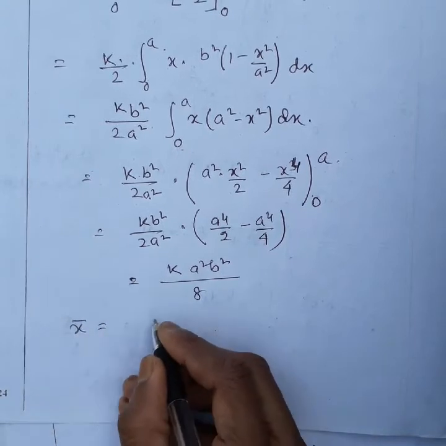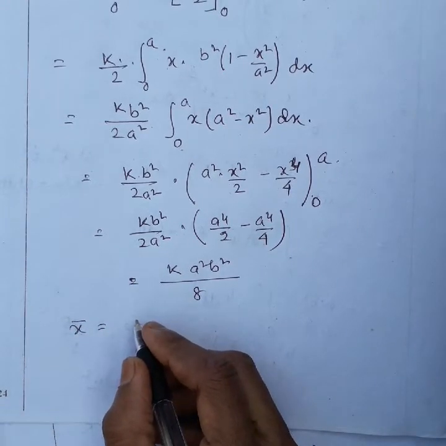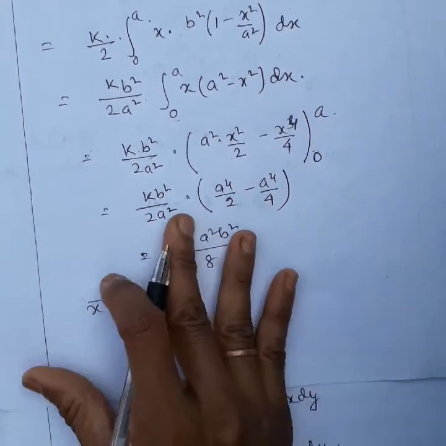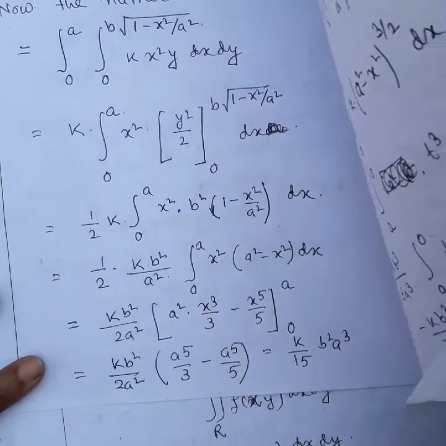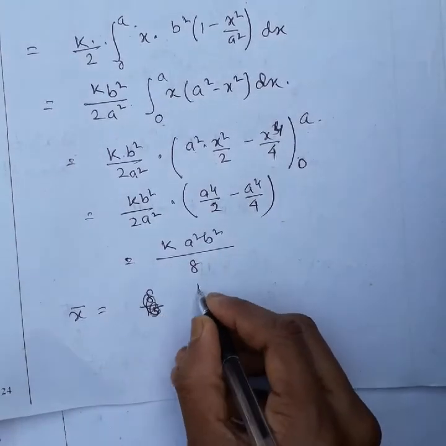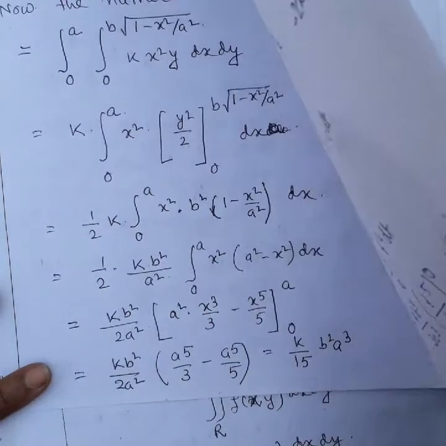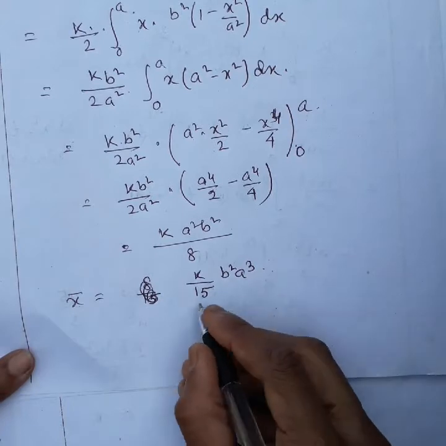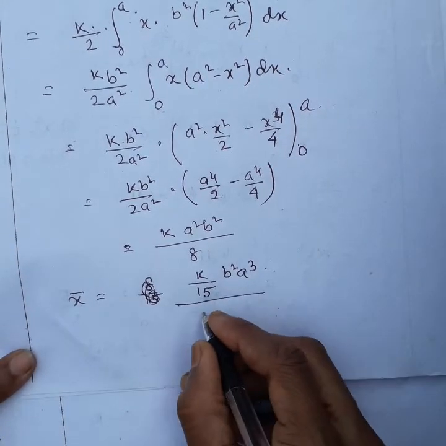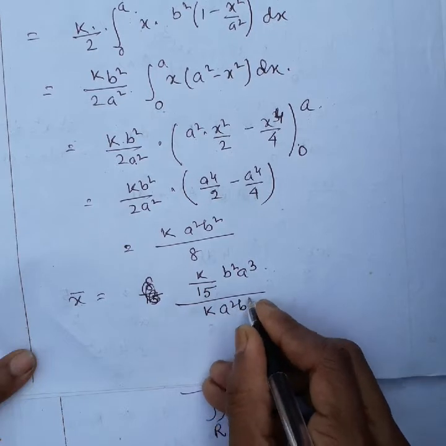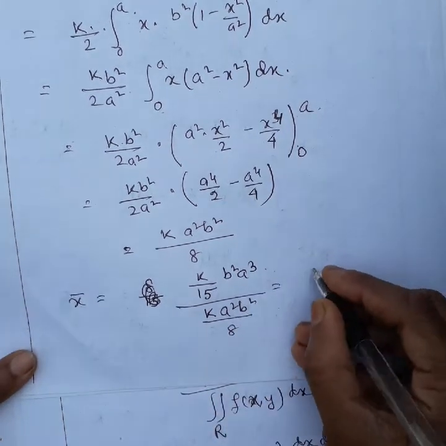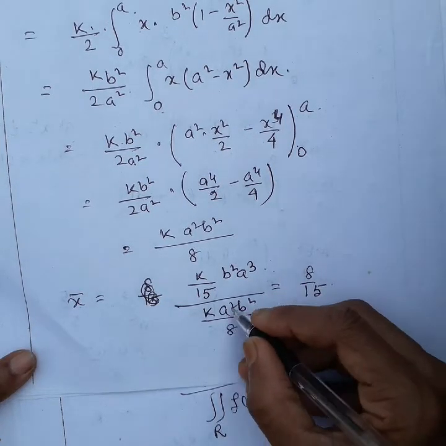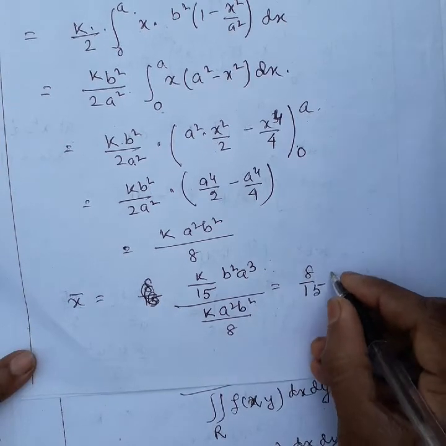So x bar is equals to k by 15 into b square into a cube by k square b square by 8, that is 8 by 15 into a.